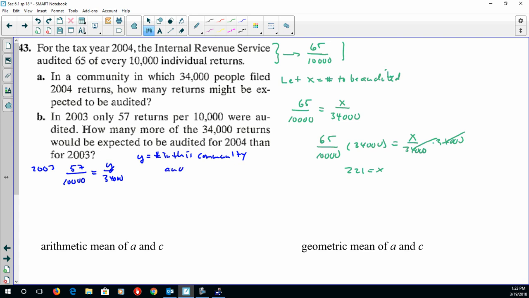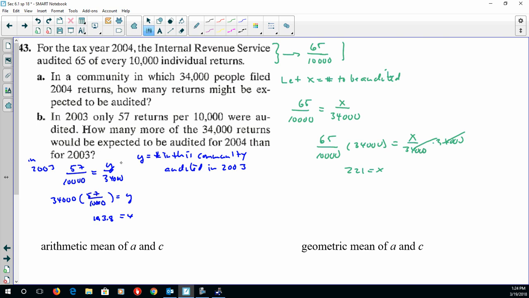Okay, so we multiply both sides by 34,000. And we get that the number audited should be 193.8. So about 194. And so that's how many would have been audited in 2003.